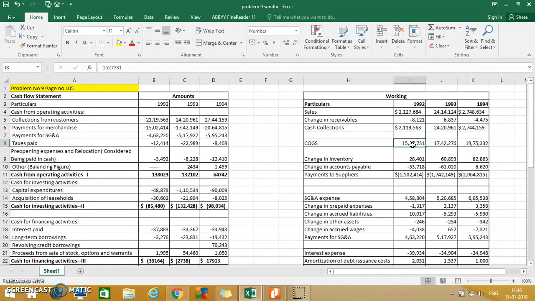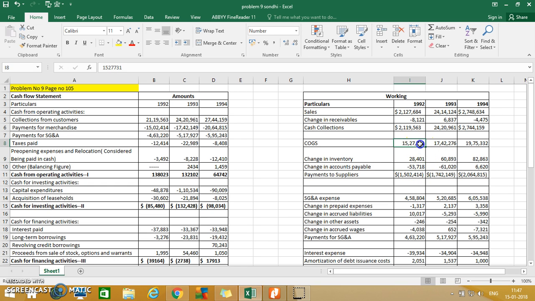The basic rudimentary way of doing it is simply to change the signs. In the case of inventory it was subtracted in the indirect method, and I have added it here. In the case of bills payable it was plus, so I have subtracted. So it is exactly the opposite of what was done in the indirect method. This means that when there is a generation of cash, it has reduced your costs. That's the logic over here.